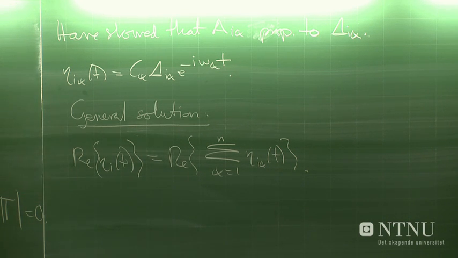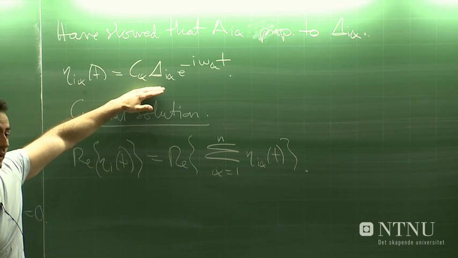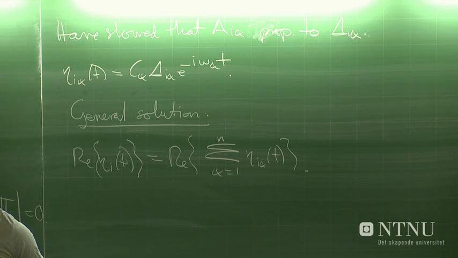The general solution should be a superposition of all of these allowed solutions for each mode alpha. So if you enter a superposition of all the possible allowed modes arising from the eigenfrequencies into the equation of motion, you will see that this is the most general solution.